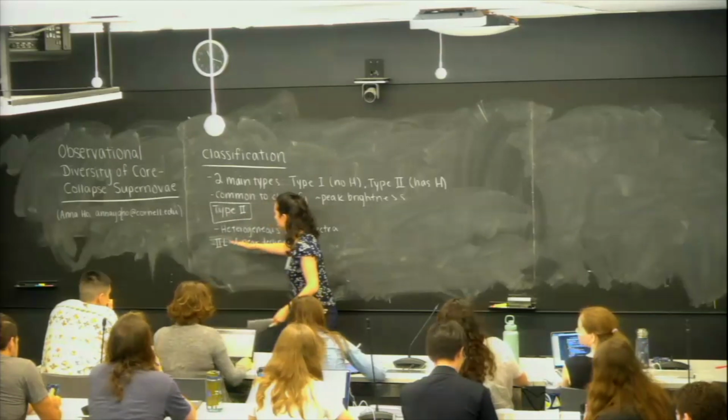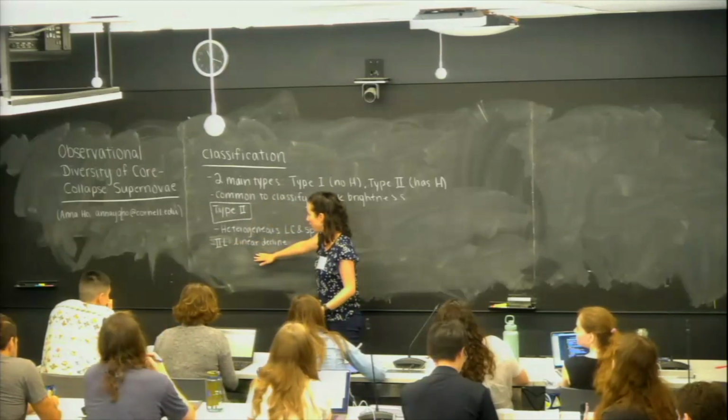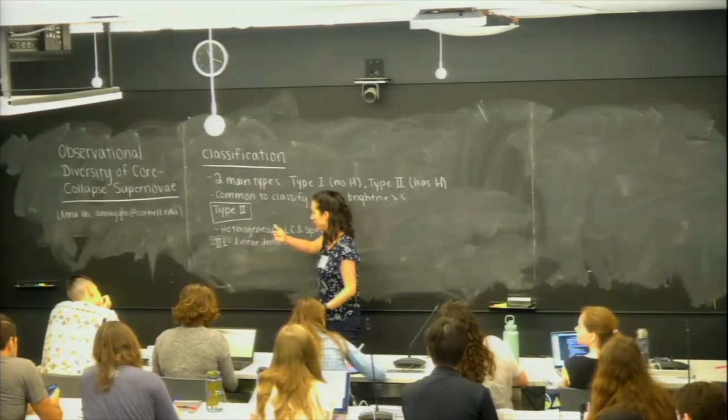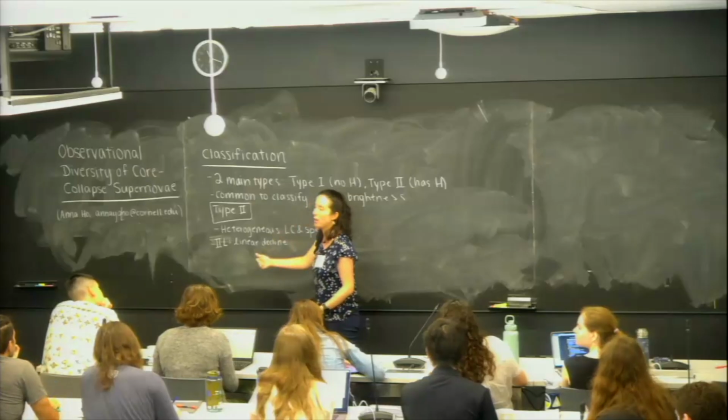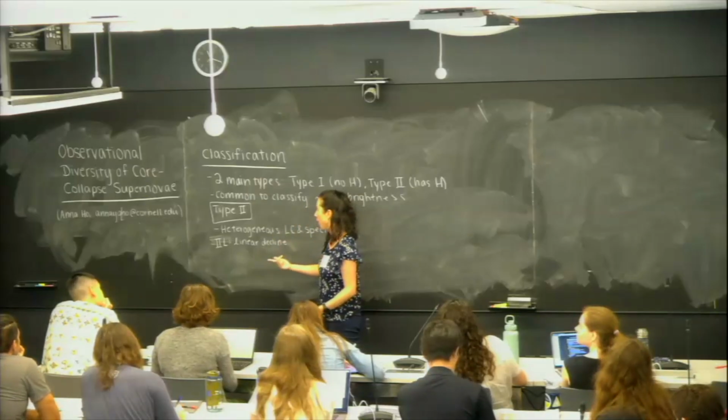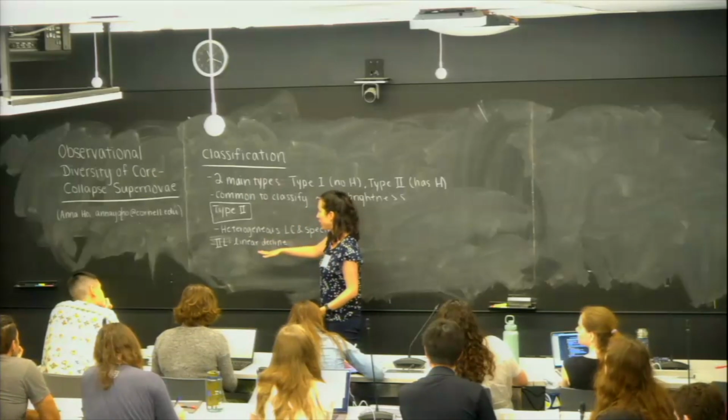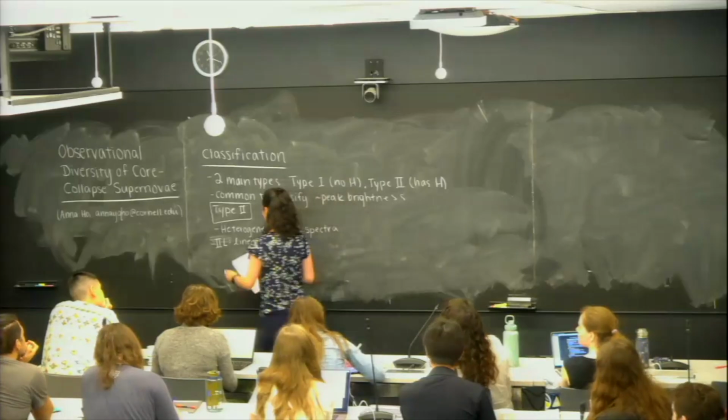When we're subtyping type 2s, people typically do it by the morphology of the light curve or by properties of the spectra. So I'm first going to write the types that are based on their light curve.